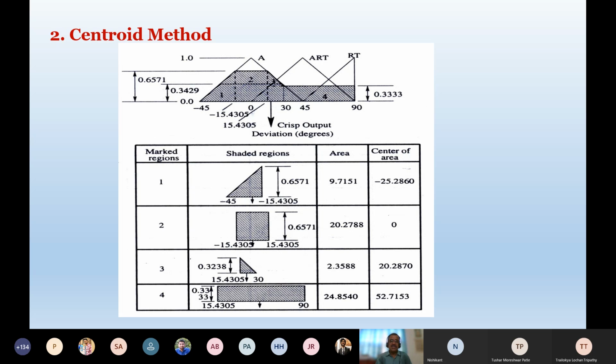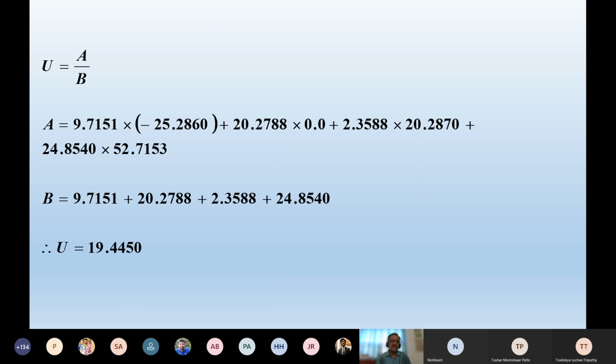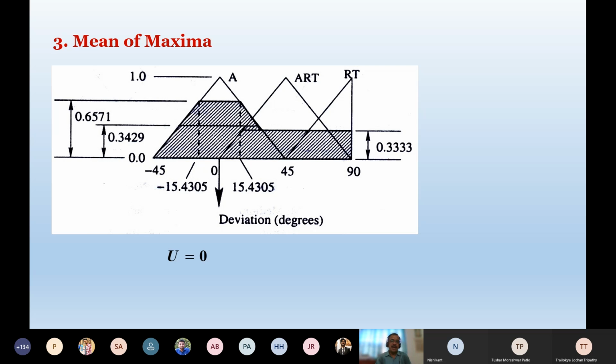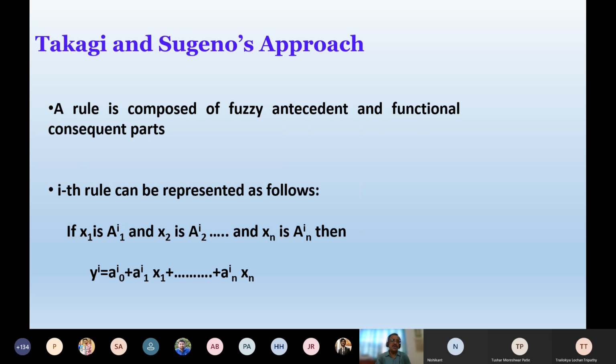So this is the way your fuzzy reasoning tool works. I hope I'm crystal clear to all of you about the working principle of the Mamdani approach of fuzzy reasoning tool. Now there is a little bit of time, so I'll give you the opportunity if you want to ask something regarding the Mamdani approach.